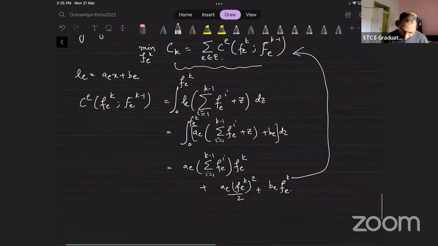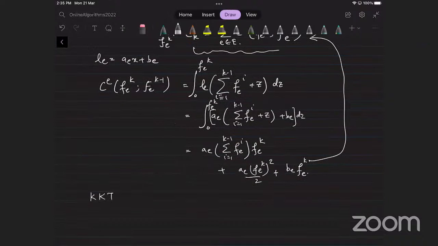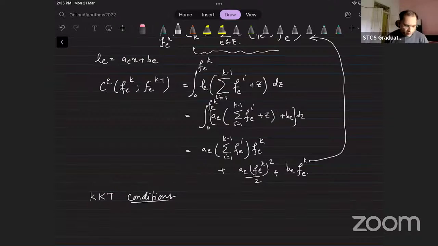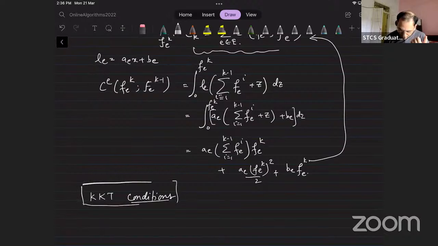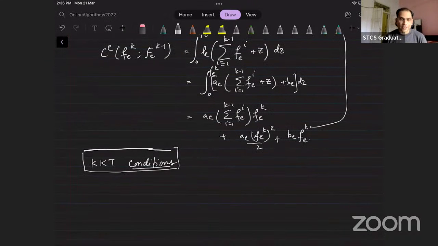Anyone? Everyone? The gradient would be a linear combination of the gradient of the constraints. So if you've not seen KKT conditions, I request you to look at the simplest, even the Wikipedia page is fine. Look at the convex programs and see what KKT conditions mean.